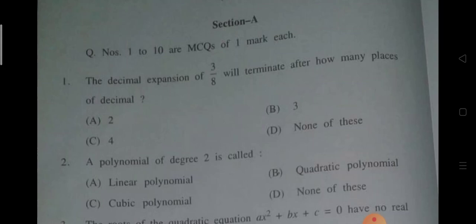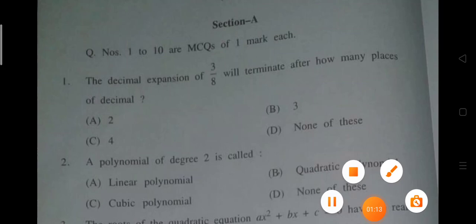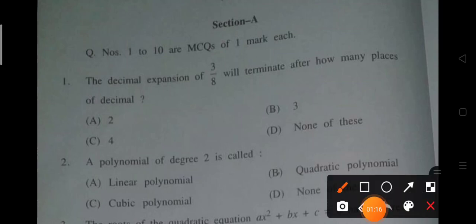The first question is regarding the decimal expansion of 3 by 8: it will terminate after how many places of decimal. So here 3 is divided by 8. Since 3 is lesser than 8, we will place a point here. Now this will become 30. 8 3s are 24.